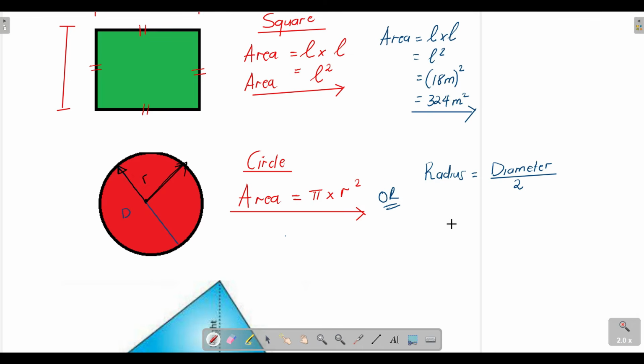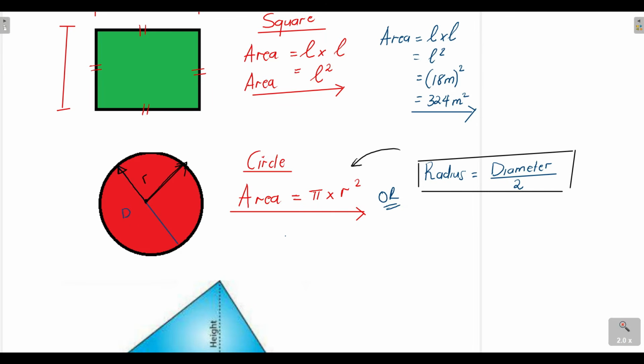So from there, knowing this, we can change this equation that we have here and write it as an equation that has your diameter. If you just wanted to use the diameter as it is, how would we then calculate your area?